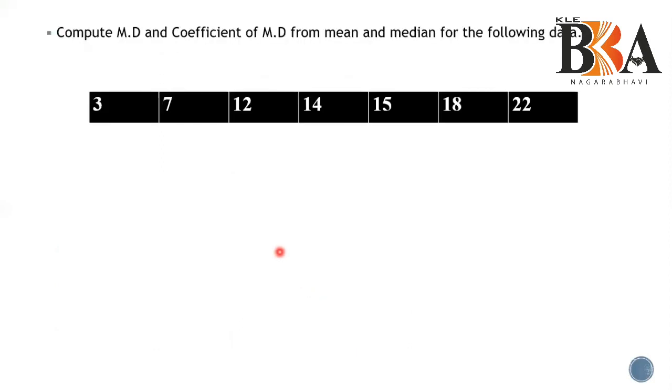Let us take the first problem. Compute the mean deviation and the coefficient of mean deviation from the mean and median for the following data. So we need to find the mean deviation as well as the coefficient of mean deviation with the help of the mean and the median. The data is 3, 7, 12, 14, 15, 18 and 22.